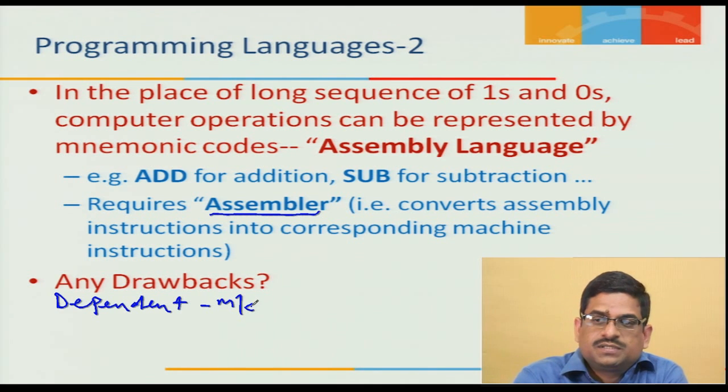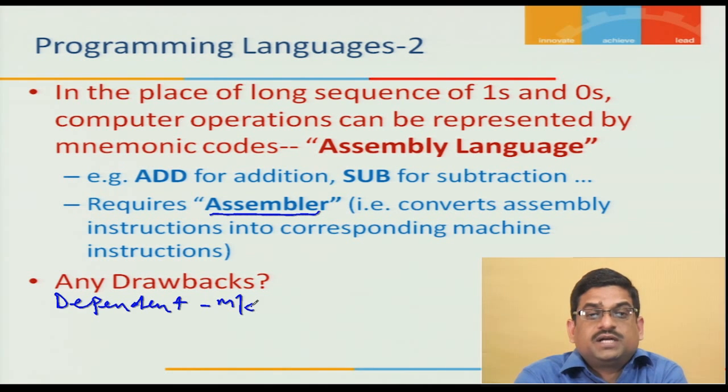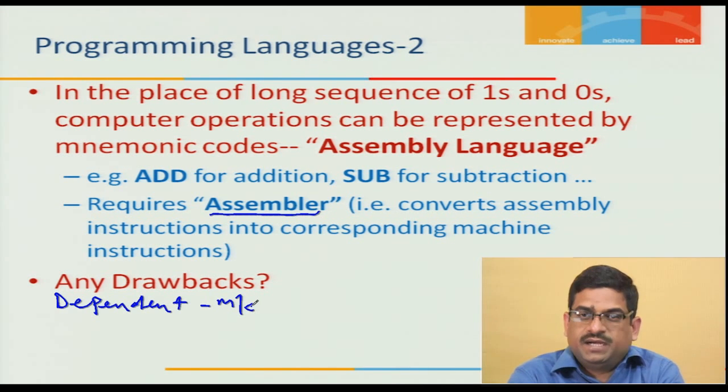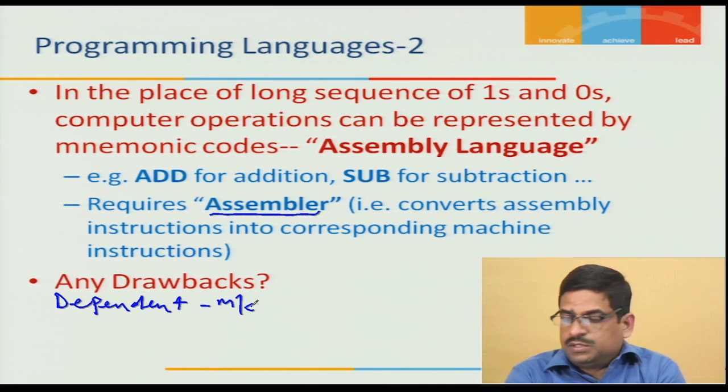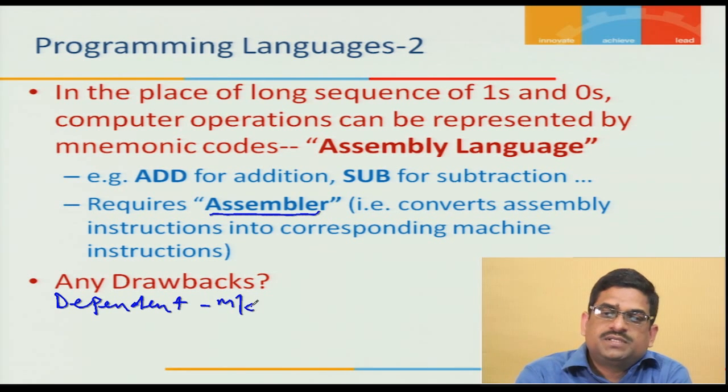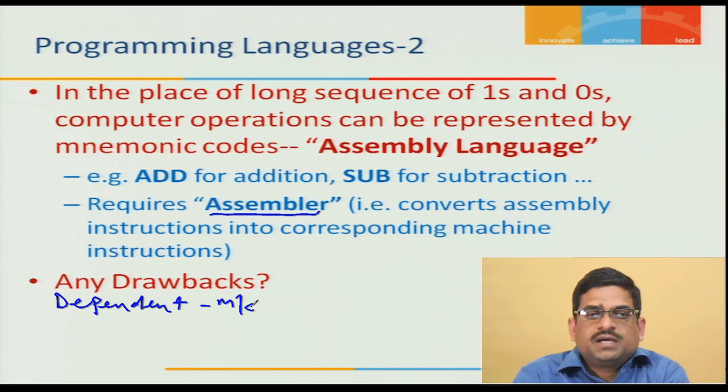One program which is running on one machine may or may not give the correct result on another machine, because assembly language is also called a low level language, still a machine dependent language. The only thing we achieve from this assembly language is that the program is a little bit more readable compared to the corresponding machine language.